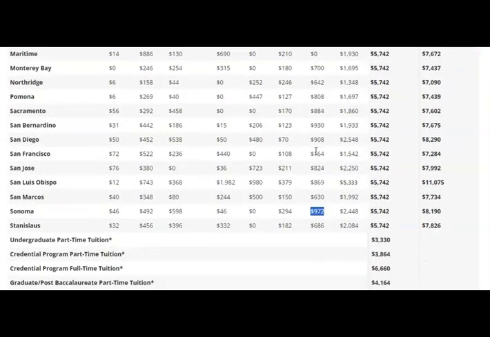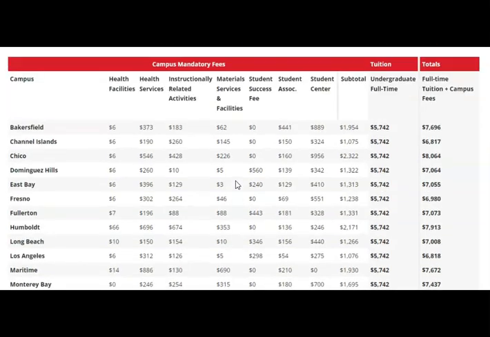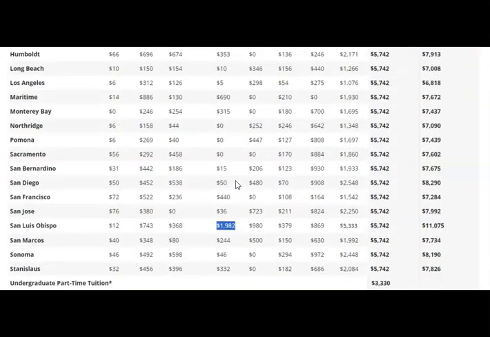So they've been charging every student those fees since probably before it was built. And so that's interesting. This fee for Cal Poly, this is the materials, services, and facilities fee. So that's interesting that that's so high. Look at Sonoma, it's only 46. So I don't know why. It's interesting. So you got those little fees as well.